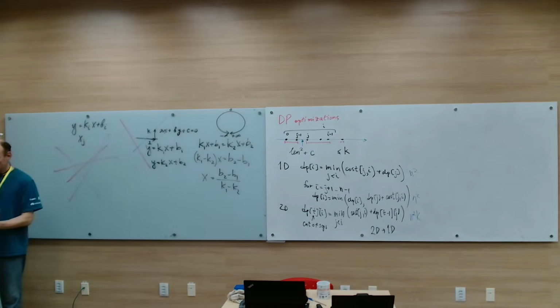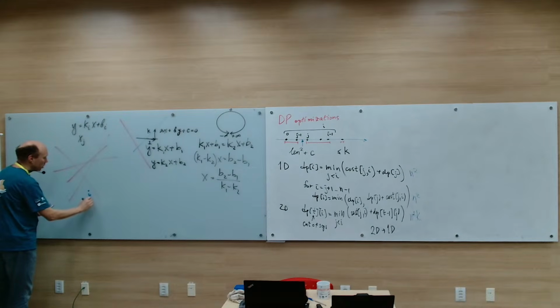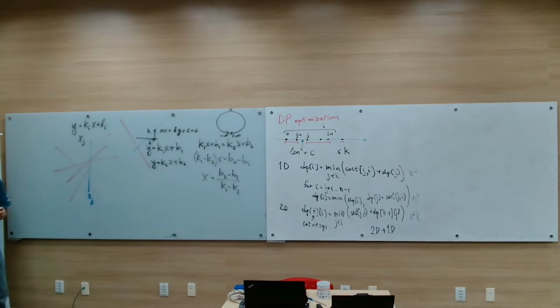At this point xj, you are considering a vertical line with this coordinate, and find the lowest or the highest. It's actually symmetric.